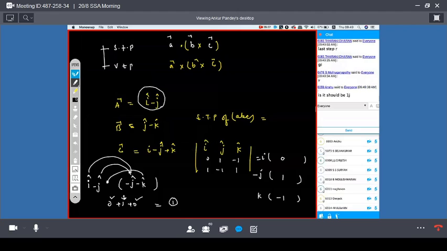Good. Last step, beta, see, minus j into minus j is plus 1.